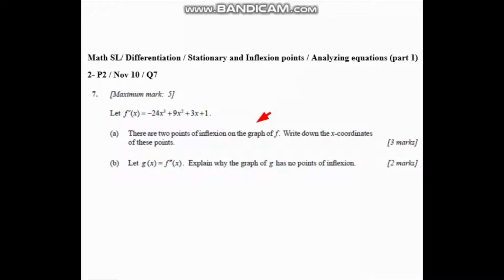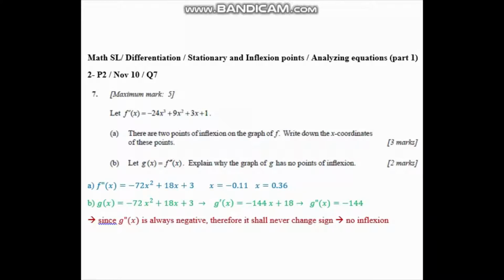And since we are already told that there are 2 points of inflection, if I have 2 answers, then I know for sure that they are both actual points of inflection. So what we're going to do is get f double dash and equate to 0. f double dash involves a simple differentiation process, and you get the blue equation right there.